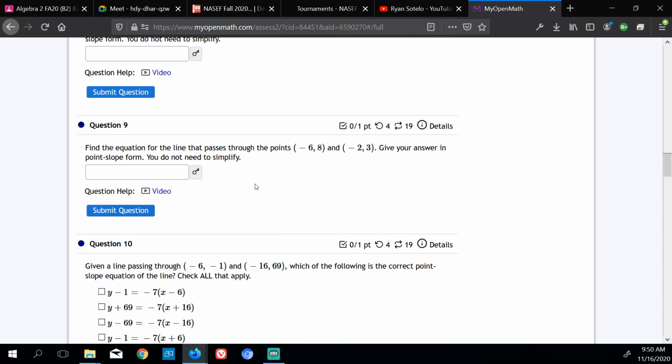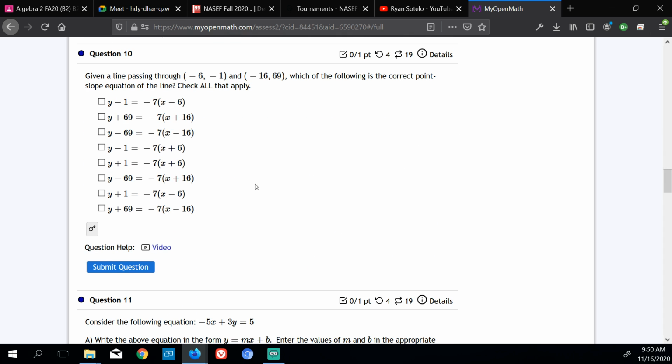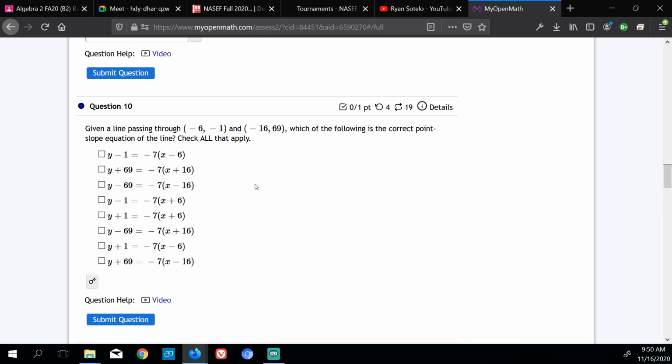So we did some of those. Let me find some others. Here they give you 2 points and they want to know which one could be correct and which one isn't. They all have a slope of -7. So the slope they're all the same, so there's no difference here.